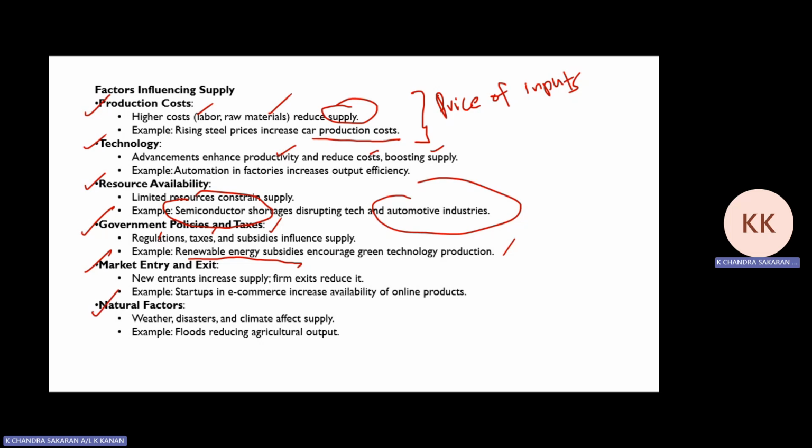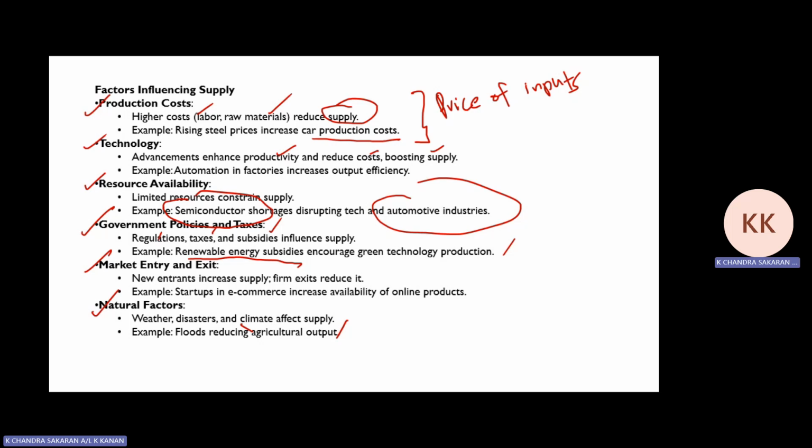Natural factors. Is the business affected by natural factors or not? For example, if you are talking about agriculture business, definitely weather is a very important factor. For example, flood, and sometimes very hot weather also is not very good. Not enough rain is also not very good for the agriculture industry.